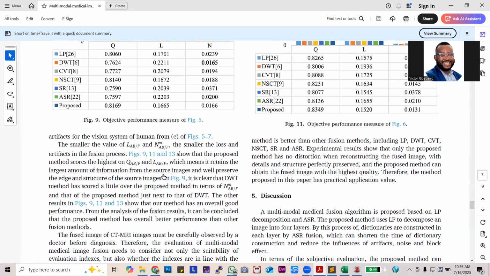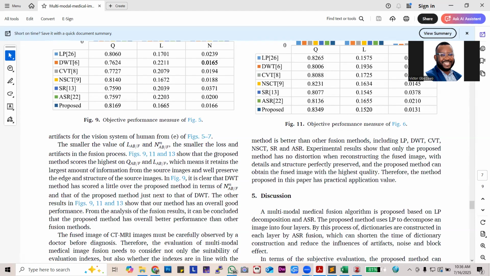So here, in terms of these values, they are trying to say that DWT, so this is the DWT, okay, you can see it here, DWT. In terms of the values, they're saying DWT did 0.0165. What does that imply? They didn't even state what exactly that implies. They just made reference to it. That is all.